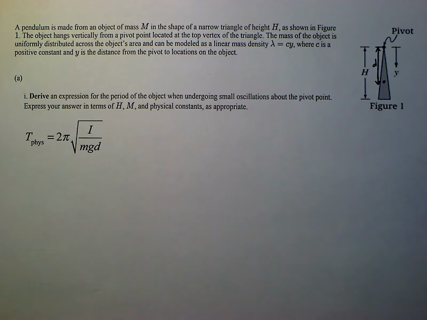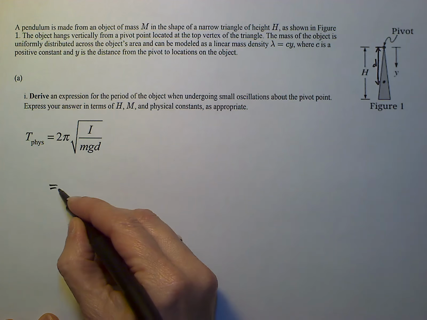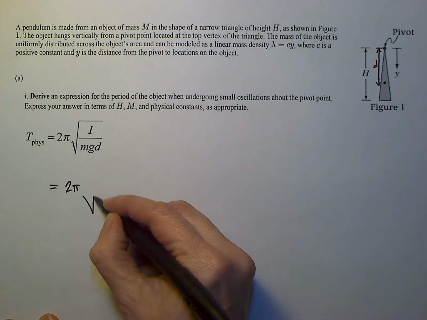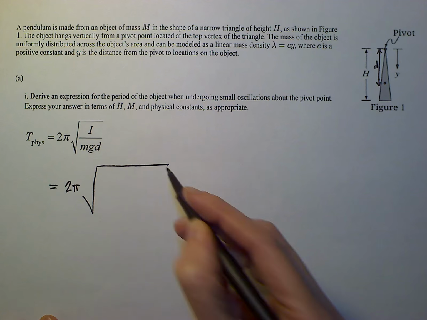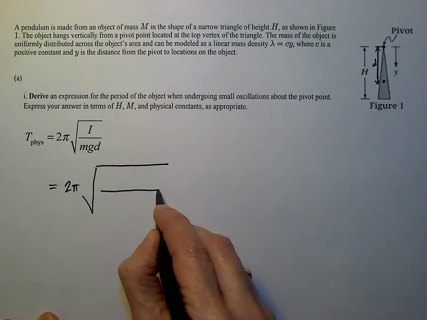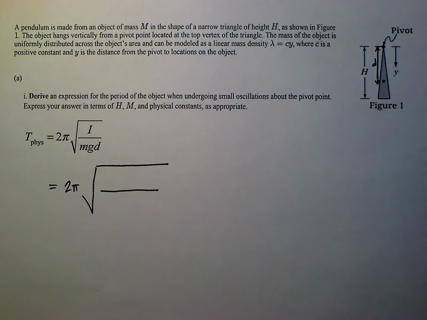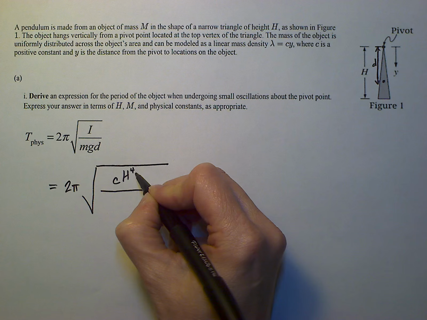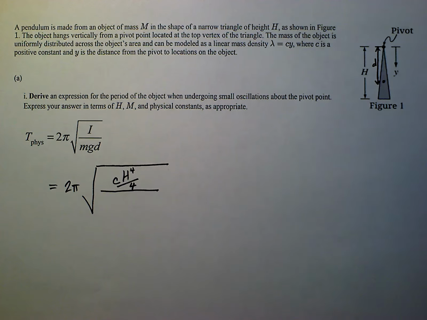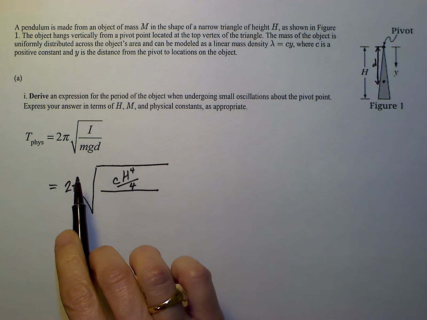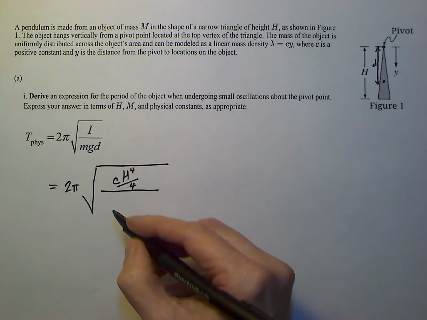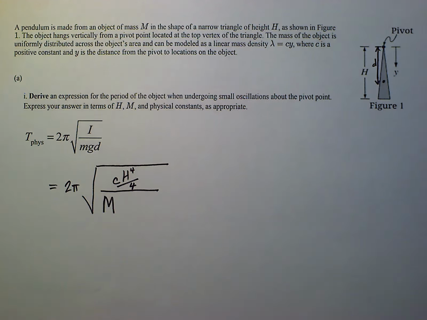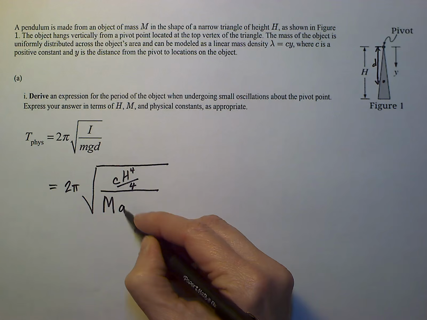Alright, then finally we can put this all together. So a nice big fraction to work from. My expression for I from before was c h to the 4th over 4. And then my mass, I know that is capital M, g.